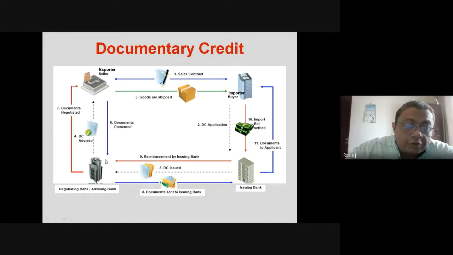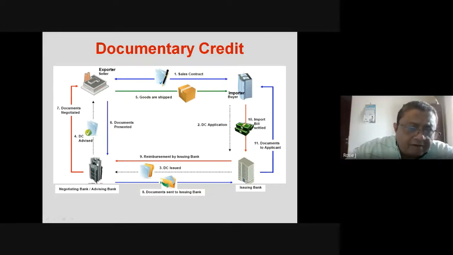So the responsibility of the advising bank is very essential, to check properly whether the document that came from People's Bank is authentic or not. Now you have Swift messages and all that, but don't worry about that.